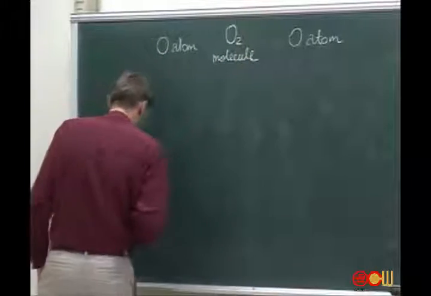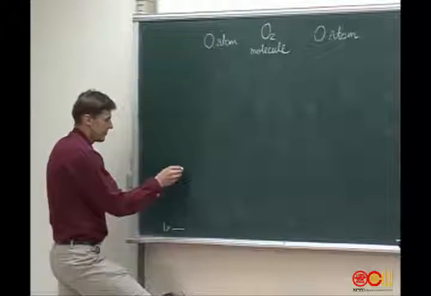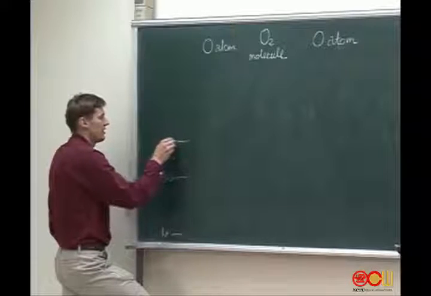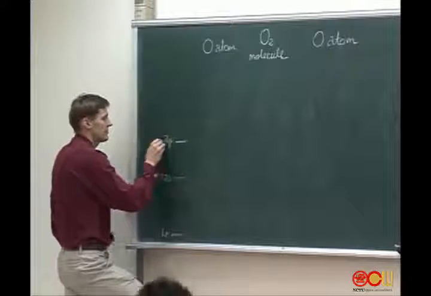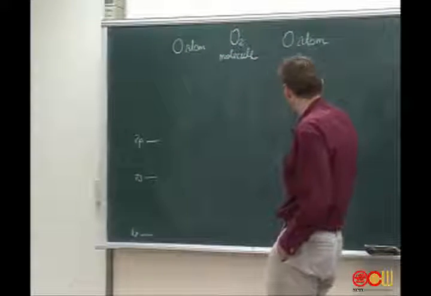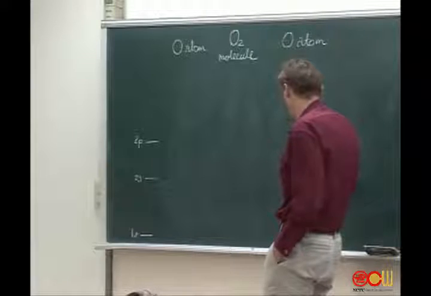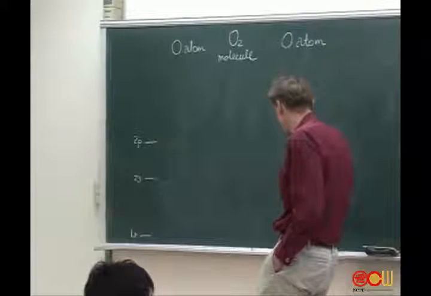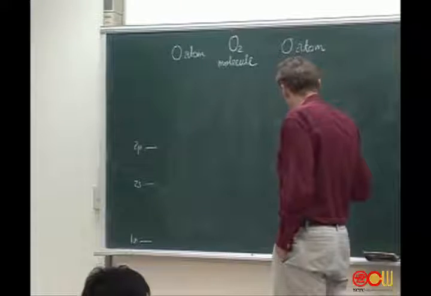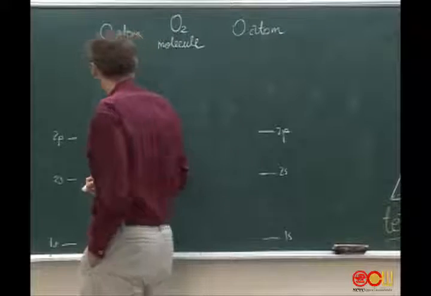And we said that we start with 1s, then we have the 2s orbitals, then the 2p orbitals, and the same for the other oxygen atom: the 2p, the 2s, and 1s in the atom.